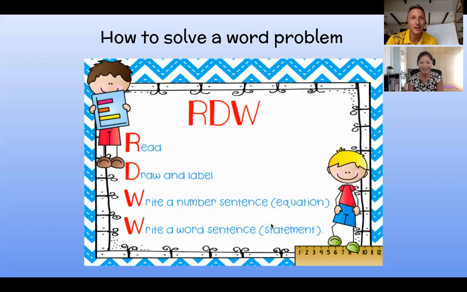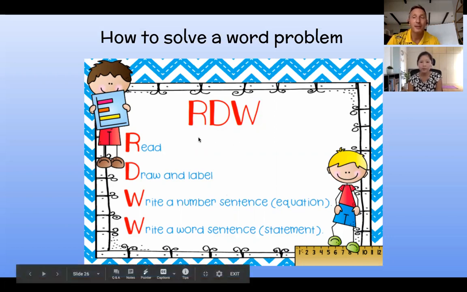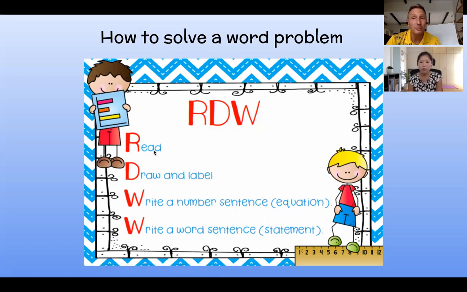Mr. Regan. Yep. So today we're going to be focusing on how to solve a two-step word problem. And with our vocabulary words of addition and subtraction and equation, those are going to be very, very important, and how we also pay attention to the RDW. So when you read your story problem, you really want to look for those important words of the addition and thinking about if you're going to subtract and how you're going to set up your story problem.